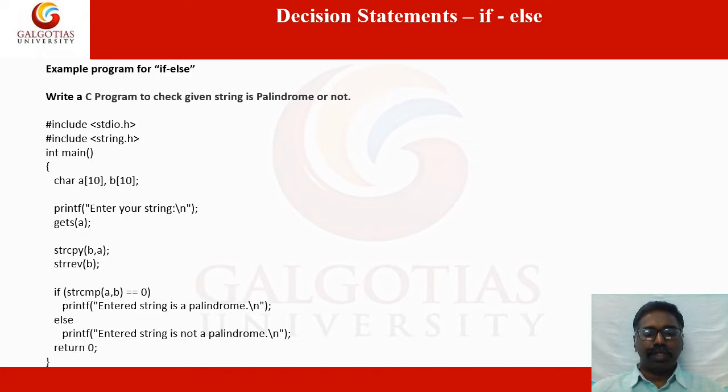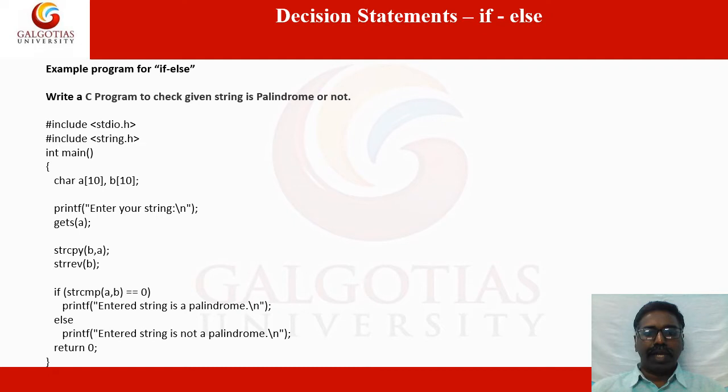Next, in decision statements, we are going to discuss if else. The question is, write a C program to check whether the given string is a palindrome or not. Here we have two options, either the given string is a palindrome or it is not a palindrome. First of all, we need to know what is meant by palindrome.